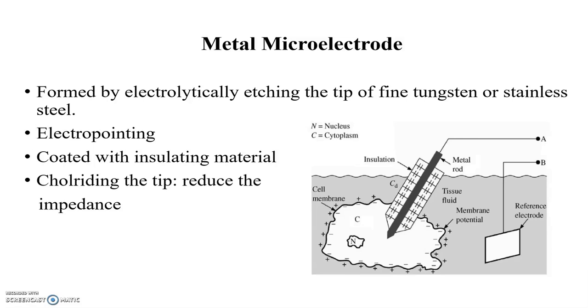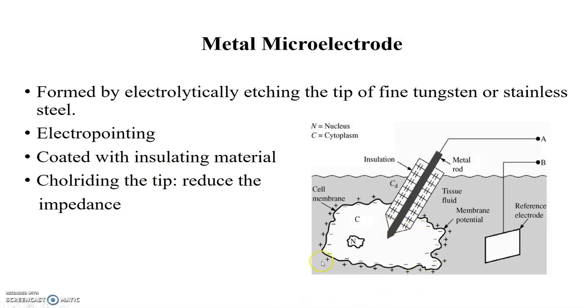The etched metal needle is supported in a larger metallic shaft that can be insulated. This shaft is connected to its lead wire. To reduce the impedance, an electrolytic process like chloriding the tip, and then developing with a photographic developer, can be performed.